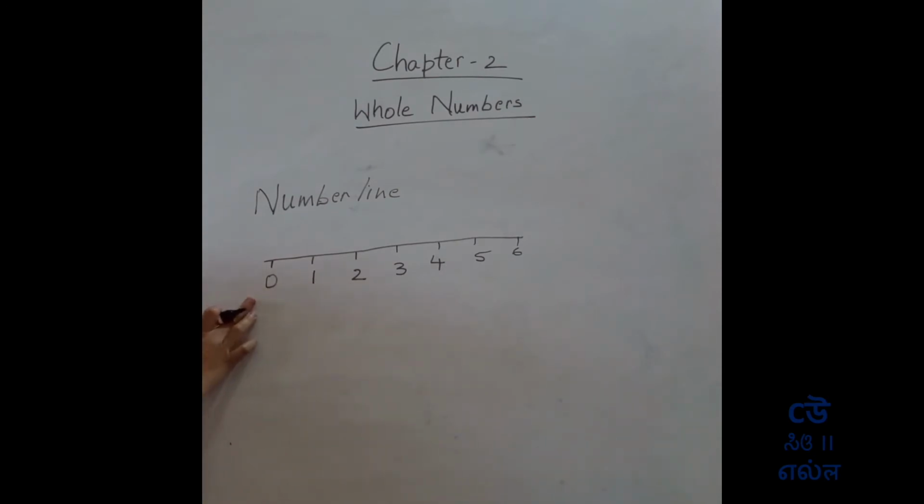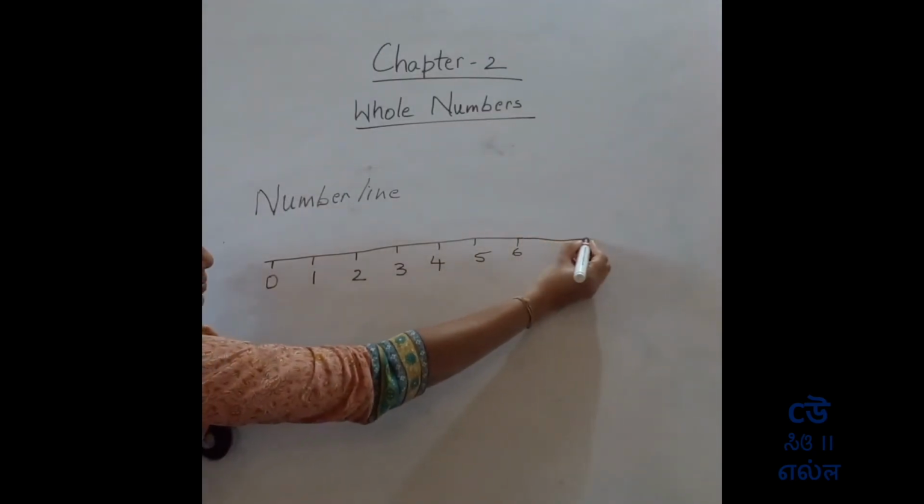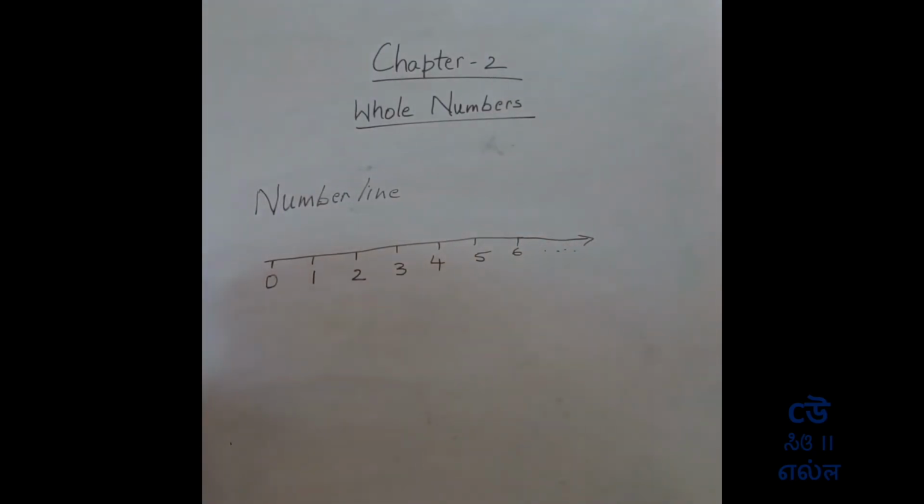If any number starts with 0, then you call it a whole number. If it starts from 1, then you call it a natural number. This you can keep in mind. So it goes on repeating.